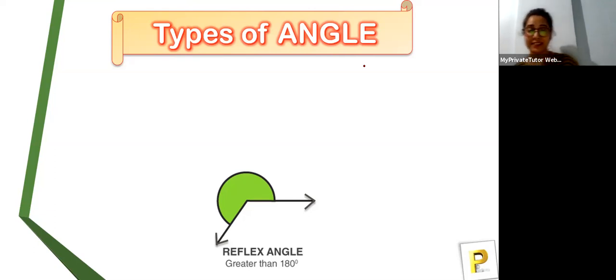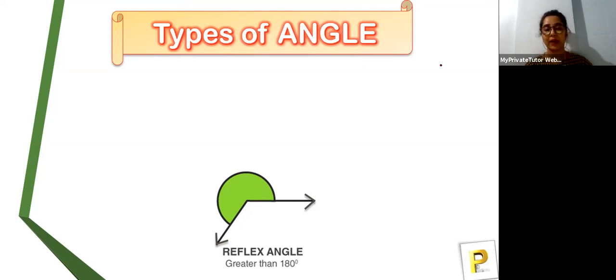Okay, I got an answer, 360, and that is absolutely correct. The measurement of a circle is 360 degrees. Remember that. Can a reflex angle be more than 360? No, it cannot. The measurement should be more than 180 degrees, but less than 360 degrees.